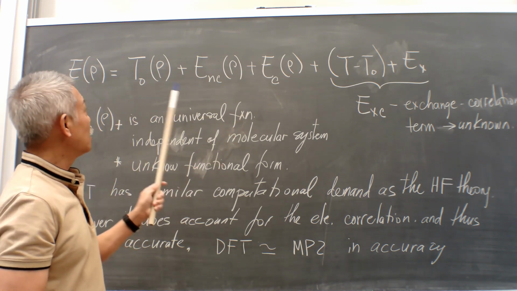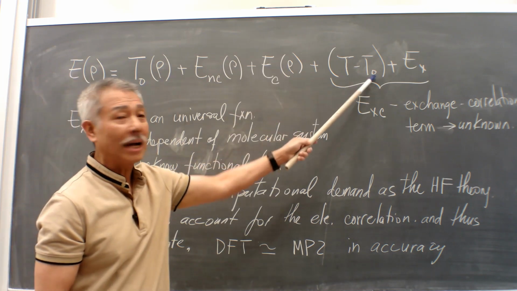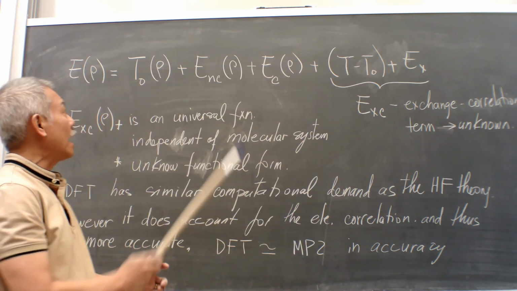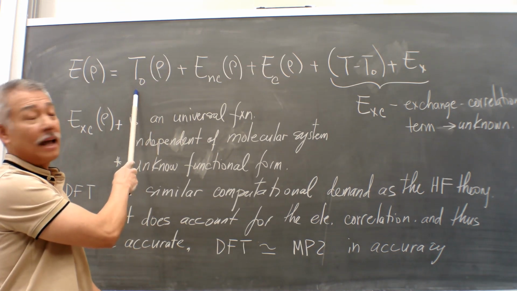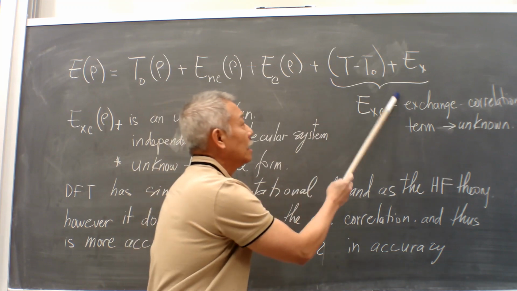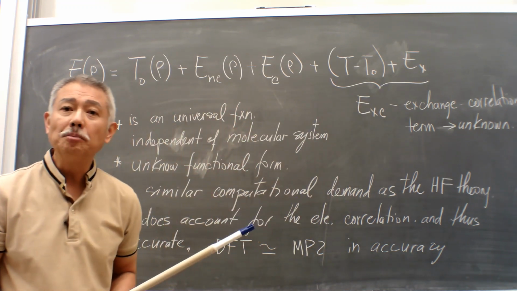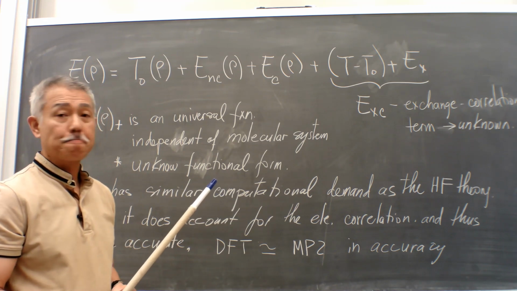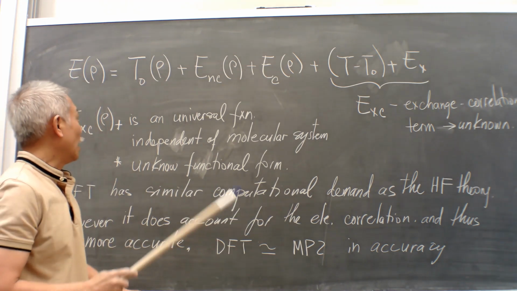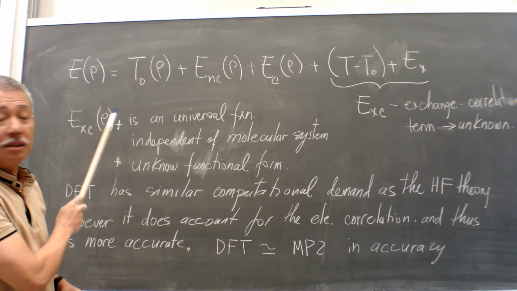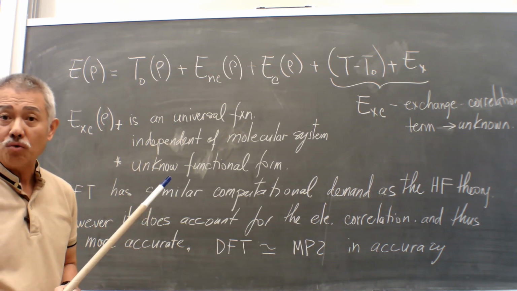So this term is still fundamentally exact. The beauty is here. He introduced T naught, he subtracts T naught, and Kohn and Sham have a way to calculate this accurately. So now these small terms here remain in unknown form. Well, one thing is that it's a function of the density and it's a universal functional.